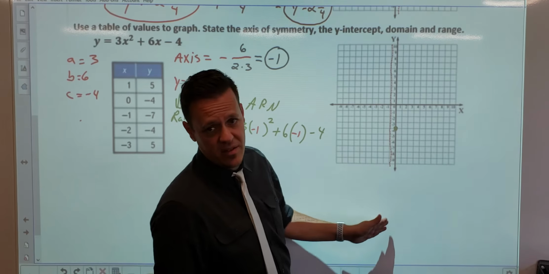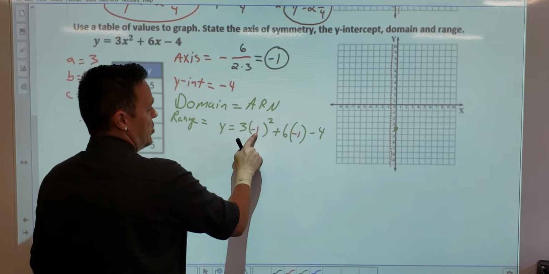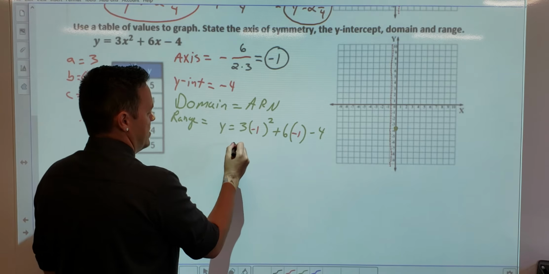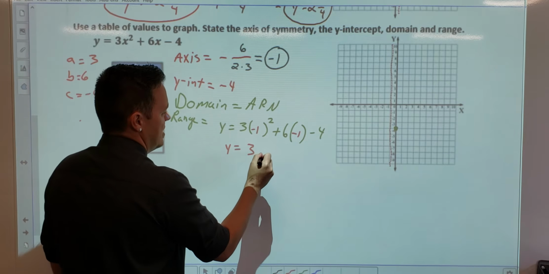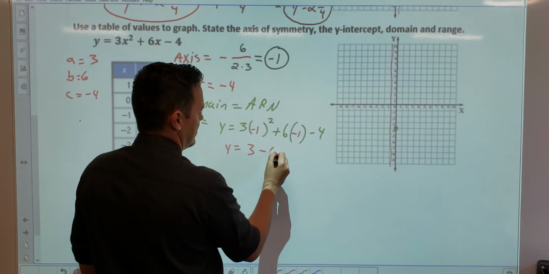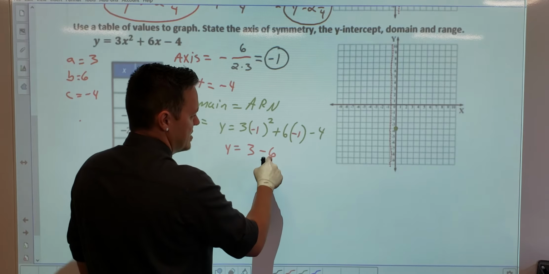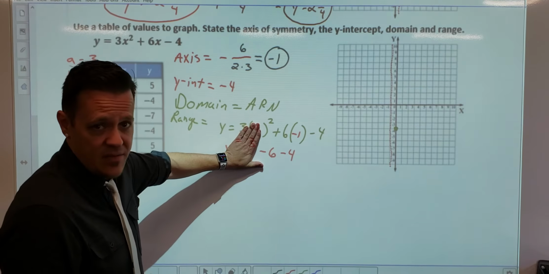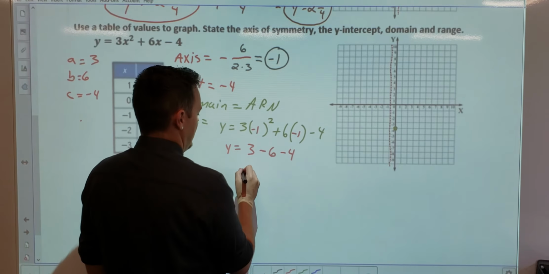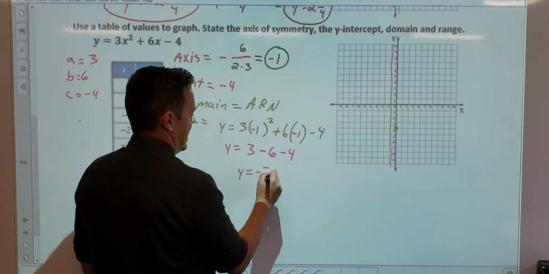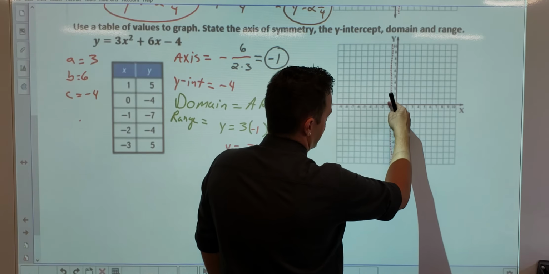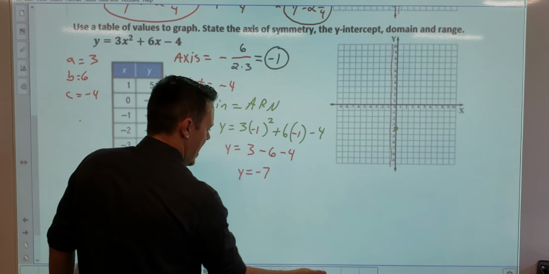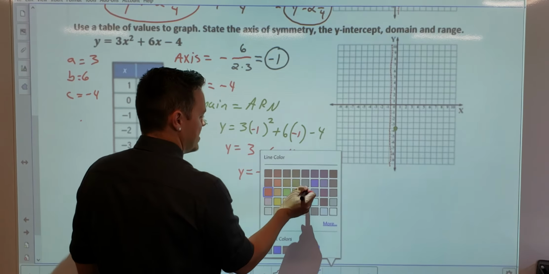We want to know where it's at on the vertex. You solve it. So -1 squared is a +1. So this is going to be y equals 3 minus 6, right? Because that's 6, and then -1 is going to be 6 minus 4. Okay, put those two together, that's -10 plus 3, -7. All right, so we know at this point, intersection down to -7 is our actual vertex.